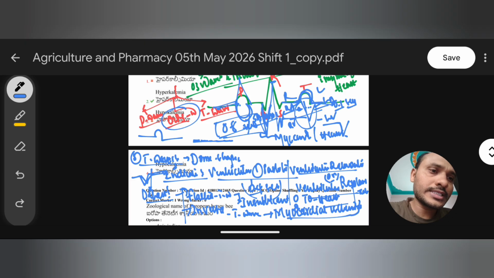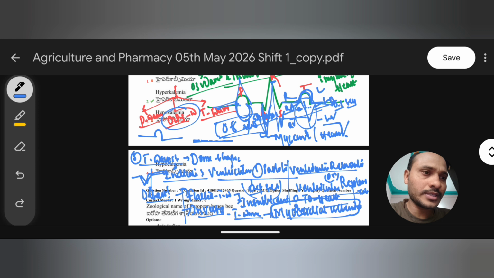Myocardial ischemia can be analyzed by seeing inverted T waves. Myocardial ischemia means blood flow is reduced, but in myocardial infarction there is complete blockage of blood flow, so it leads to a heart attack. Okay, but inverted T waves are a signal that in future it may become a heart attack.